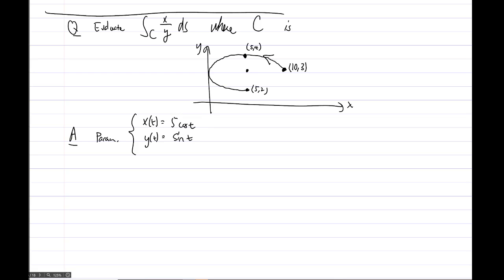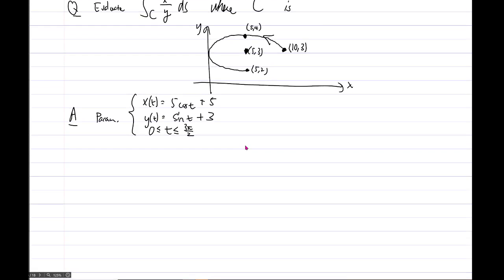There's also a shift by 5 units, so plus 5. Y of t, yeah, the amplitude is just 1, right? Or the height from the origin. Yeah, because this is probably 5, 3. But then there's a shift, so plus 3. And then t goes from 0 to 3 pi over 2. Whew. All right. Good.